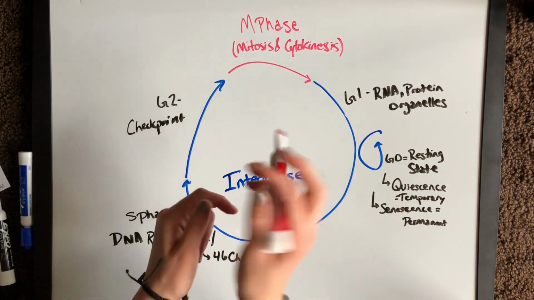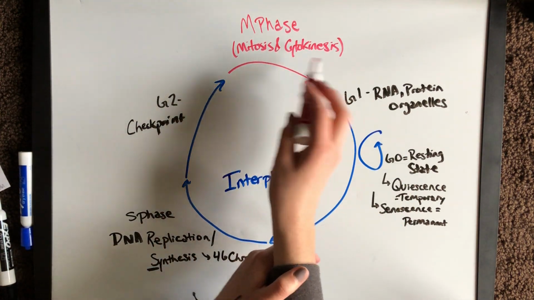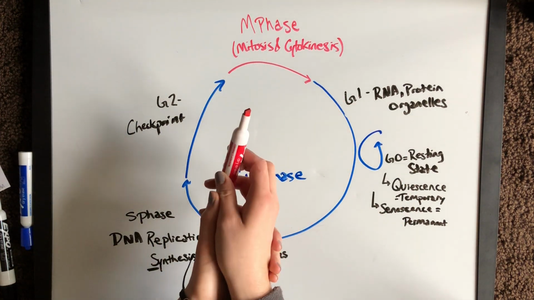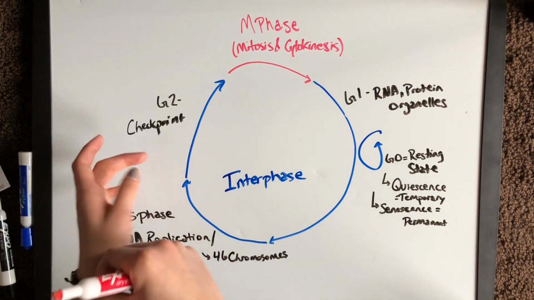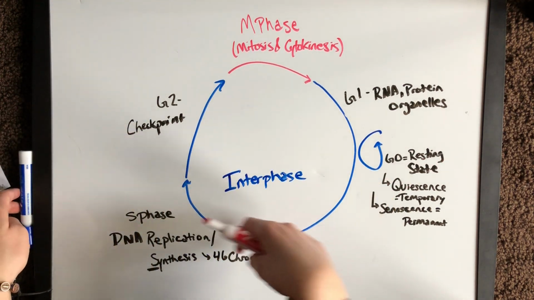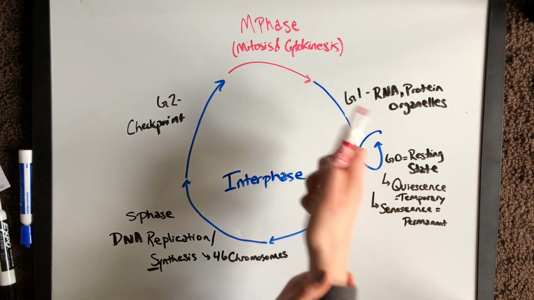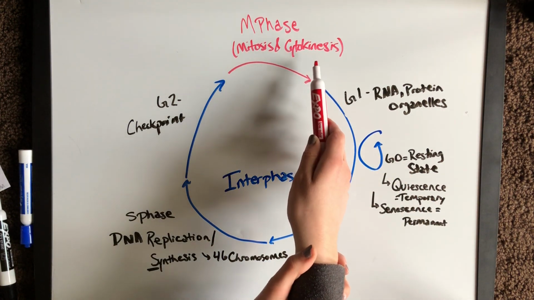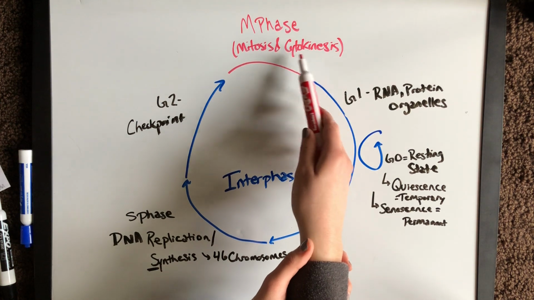We'll go over every step of that, but mitosis is when we're dividing all of our genetic information because we replicated it here. And then cytokinesis is when we divide the rest of the cell, so the cytoplasm.